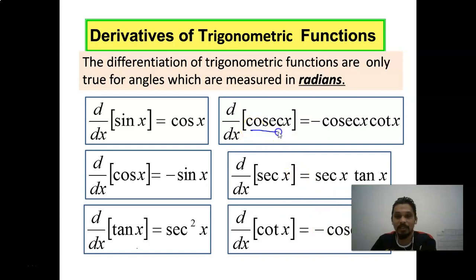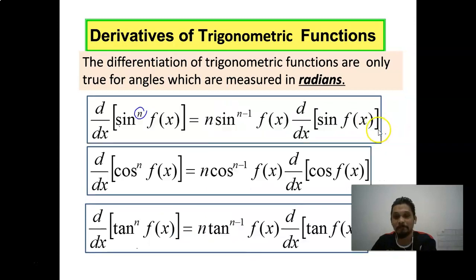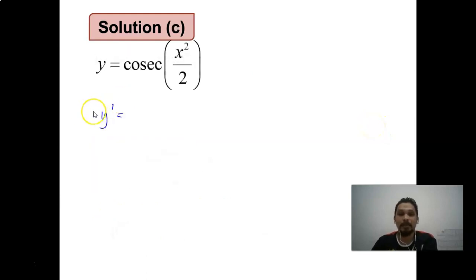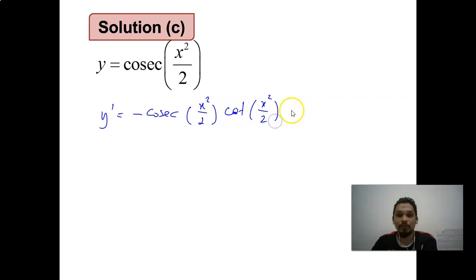Differentiate cosecant, negative cosecant x cotangent x. Okay, now negative cosecant x squared over 2, cotangent x squared over 2, and don't forget to differentiate the function inside, which is x squared over 2.